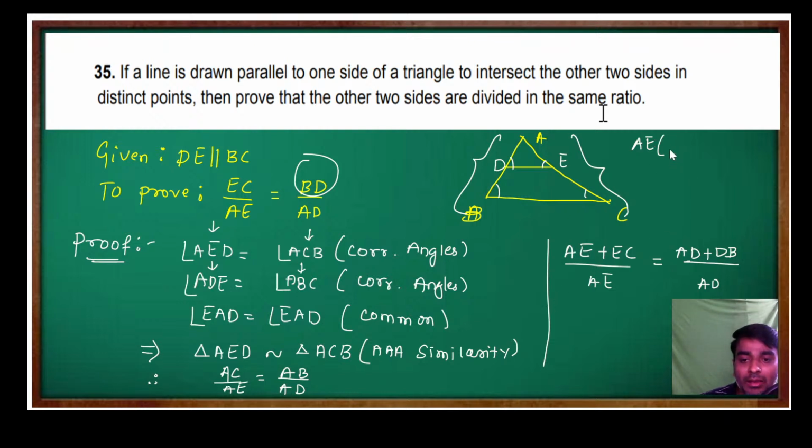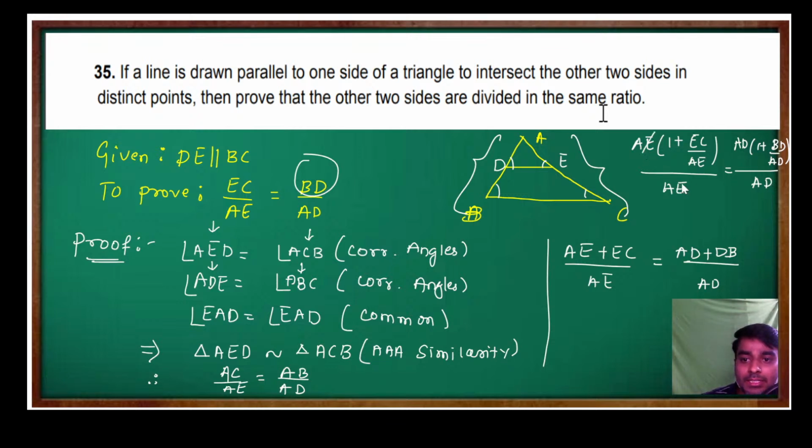Then here you will have 1 plus EC by AE, divided by AE, equal to, if you take AD common, 1 plus BD by AD, divided by AD.